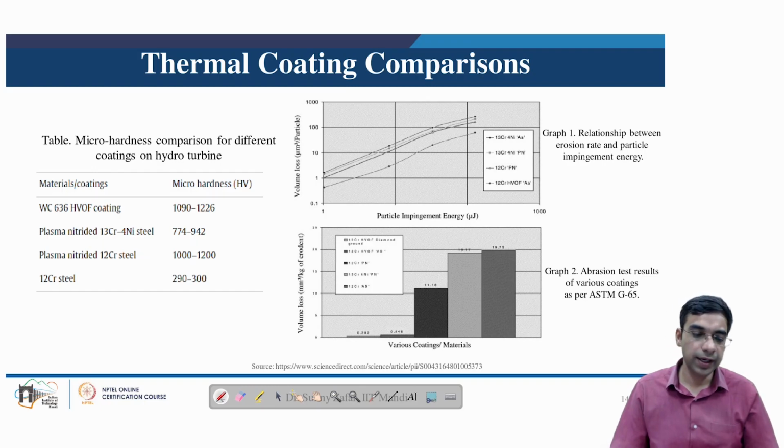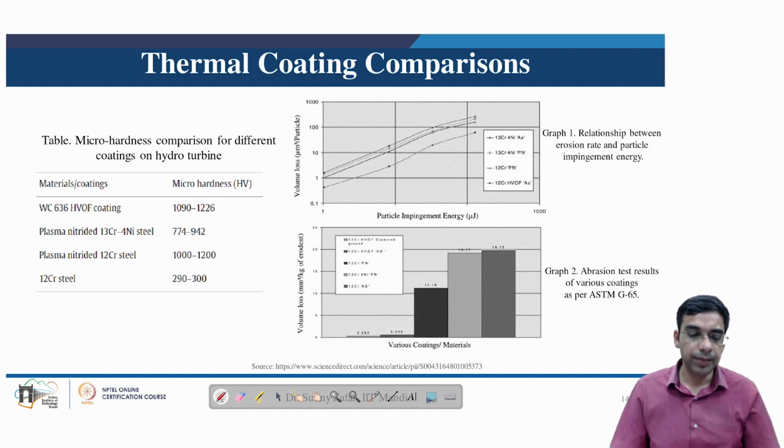For example, by adding tungsten carbide, the micro hardness is increased to the range of 1100 to 1200 HV, and this was conducted on plasma nitrided 13% chromium 4% nickel steel, which had an average micro hardness between 700 to 900 HV.